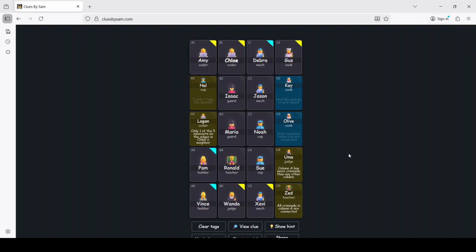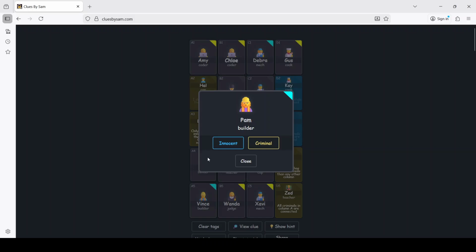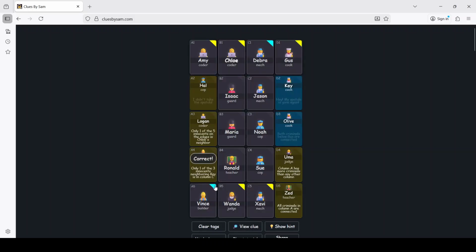From there, we can see, though, that columns D and A are tied, because they both have 3 criminals. So that's going to tell us, no, there's going to be more than 3 criminals in column A, so Pam does have to be a criminal. We don't necessarily know about anyone else just yet, though.